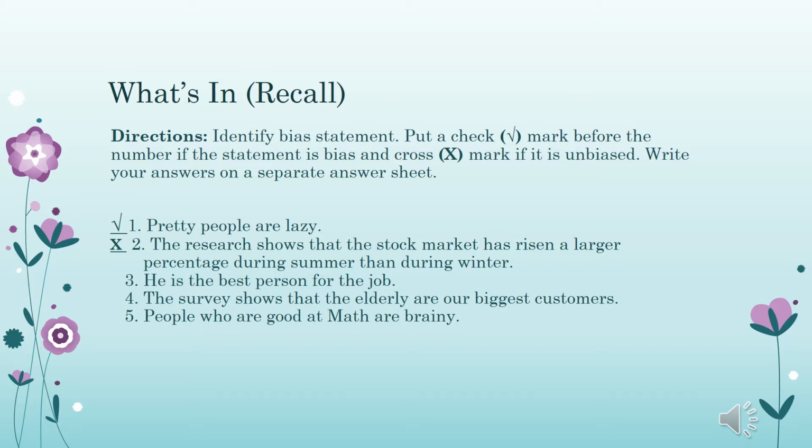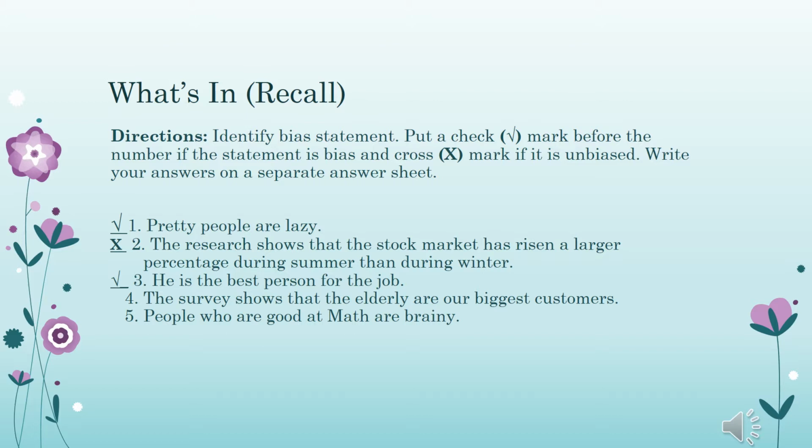Number 3, he is the best person for the job. Will it be a check or a cross? If your answer in number 3 is check, then you are correct. This sentence is biased.